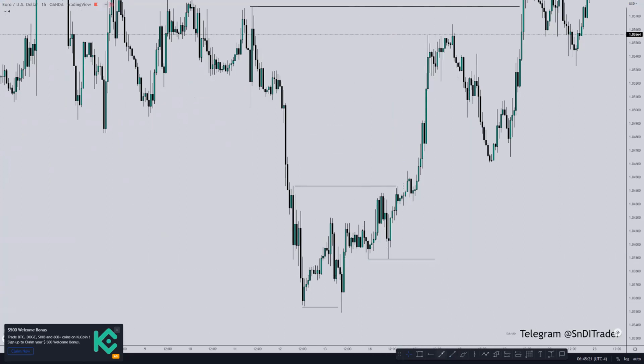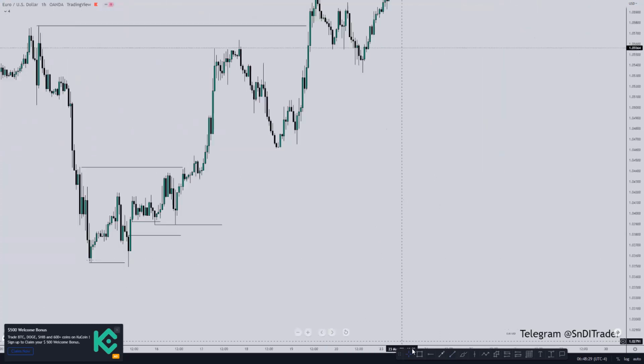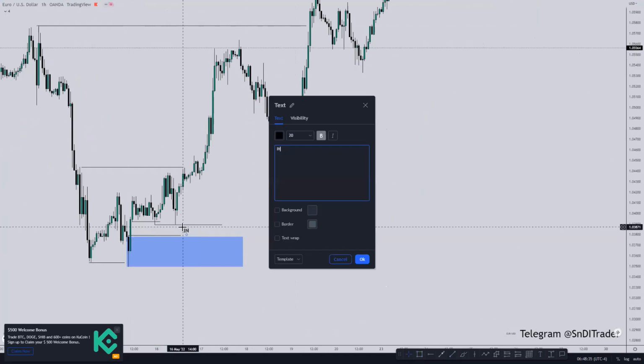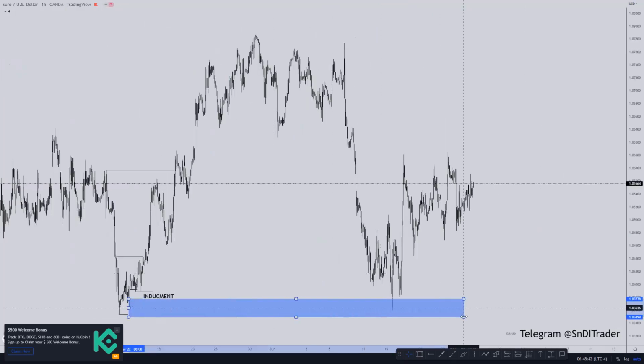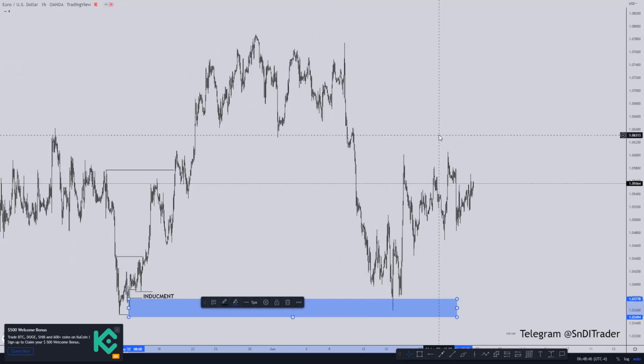And we have a fair value gap in here as well. The point of interest will be this candle, and this will be your inducement. What happened next? Price came again, filled this inducement, and went upside.